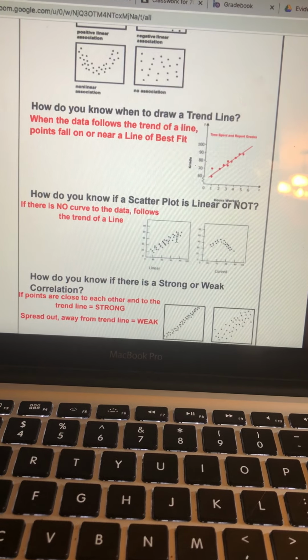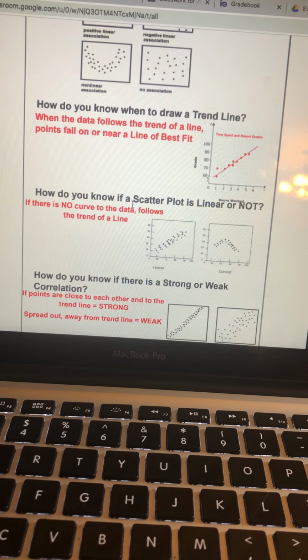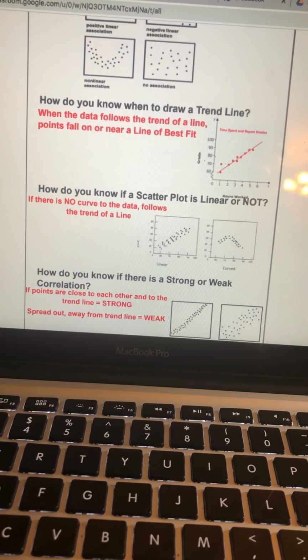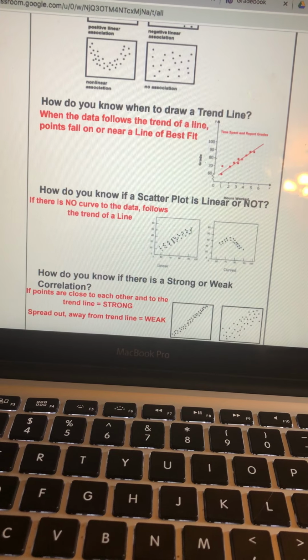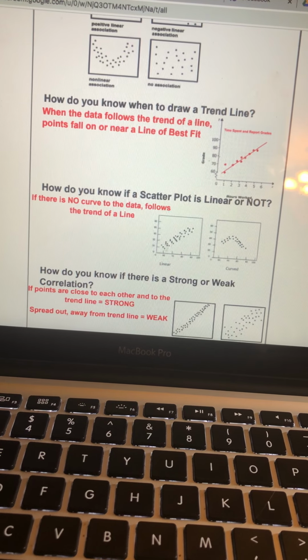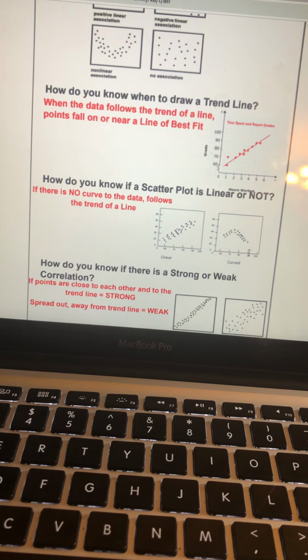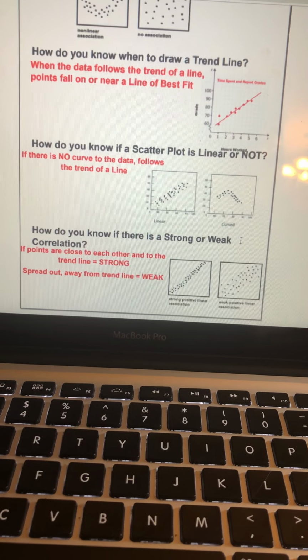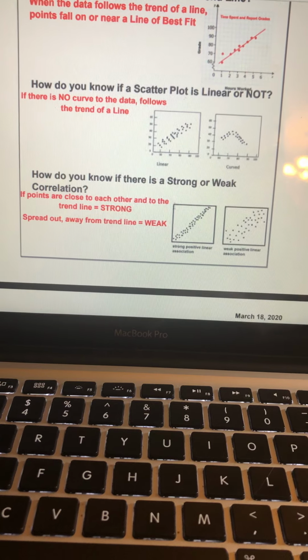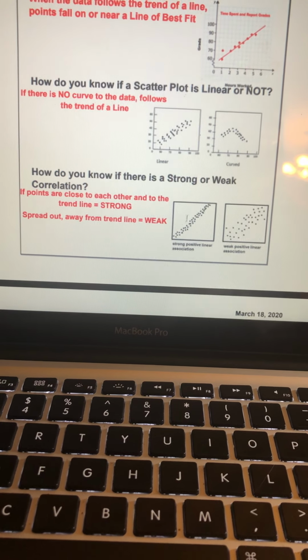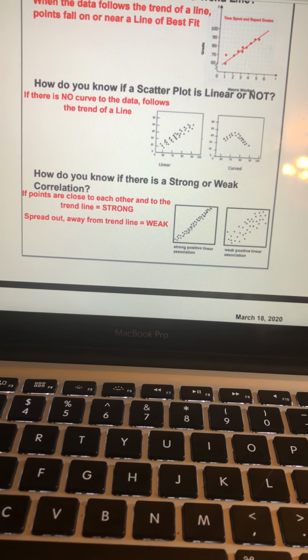Third question, similar to the second one, how do you know if it's linear or not? If the data is following a linear trend, following the trend of a line, then we would call it linear. If there is a curve to your data, then it would be considered nonlinear. And then finally, how do you know if it's strong or weak? Strong, the points are really close to each other.